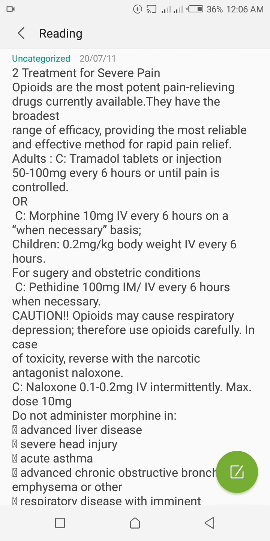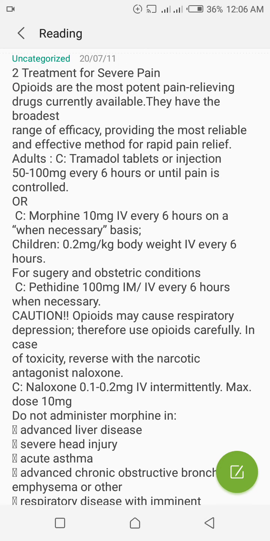You can use tramadol tablets or injections 50 to 100 milligrams every 6 hours until pain is controlled. Morphine, you can use 10 milligrams IV, intravenous injection, every 6 hours when necessary. For children, 0.2 milligrams per kg body weight IV, every 6 hours.